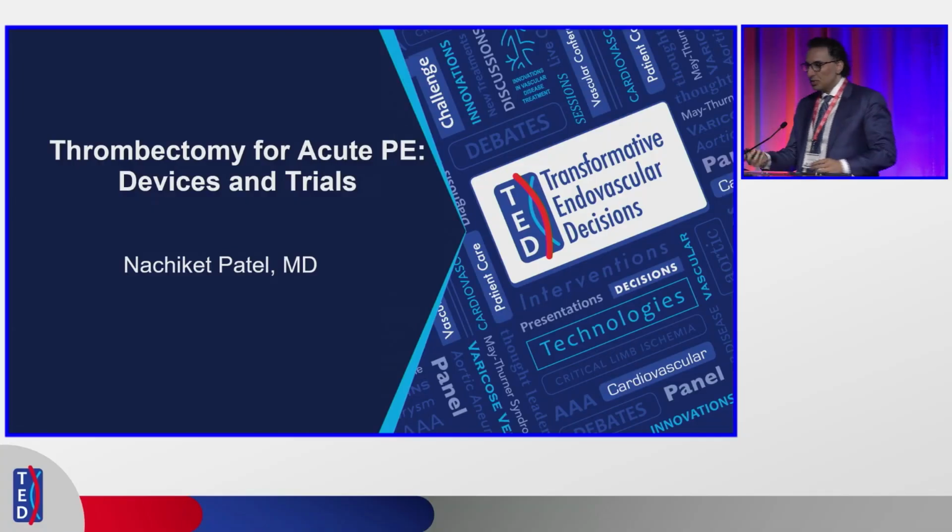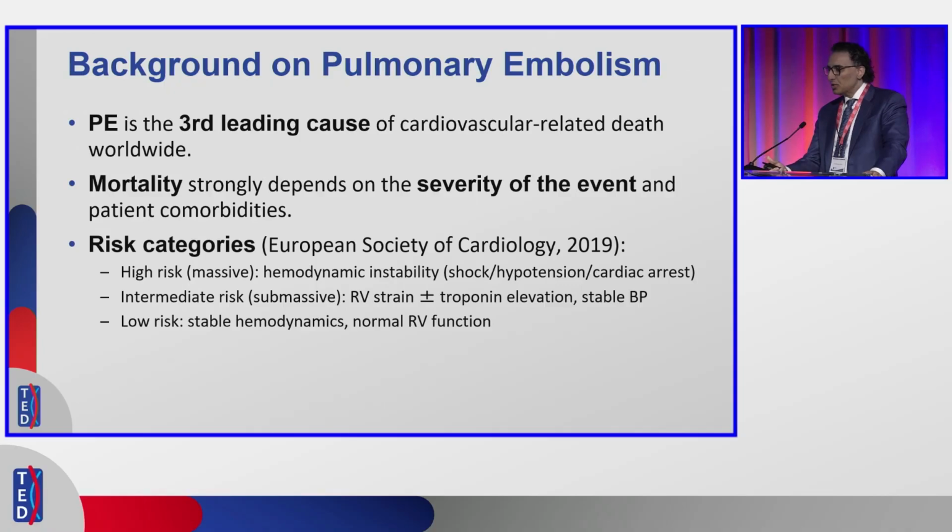All right, perfect. So I'm happy to talk to you about thrombectomy for acute PE, devices and trials. PE is the third largest cause of cardiovascular-related death worldwide. Mortality depends on the severity of the event and patient comorbidities.